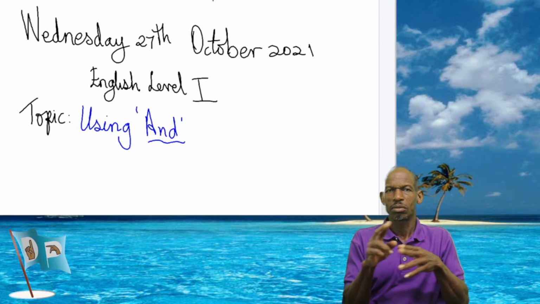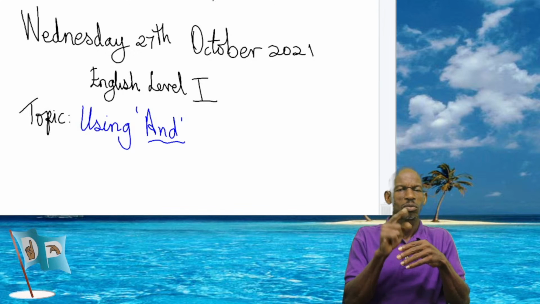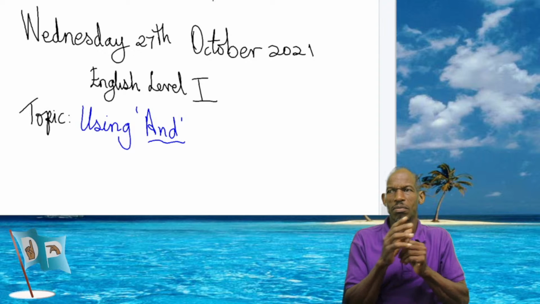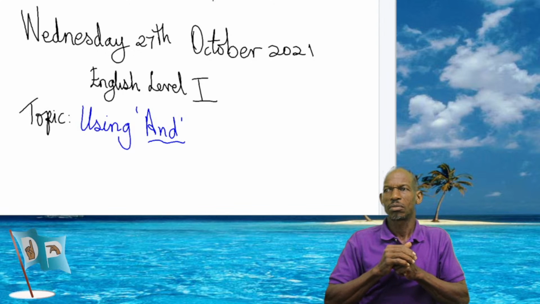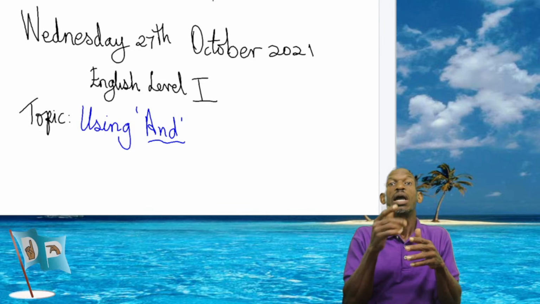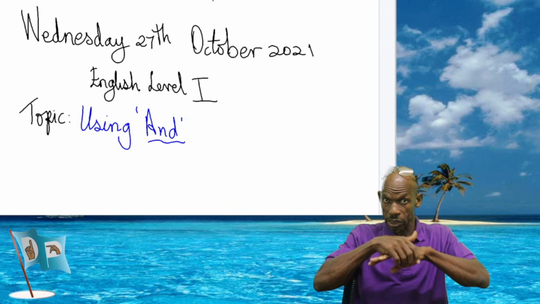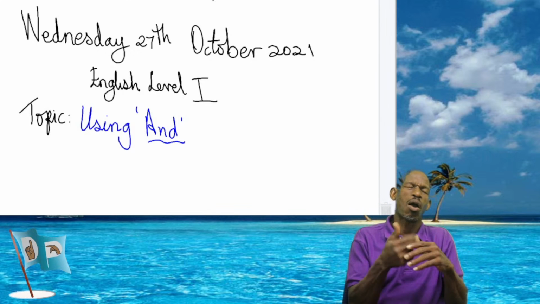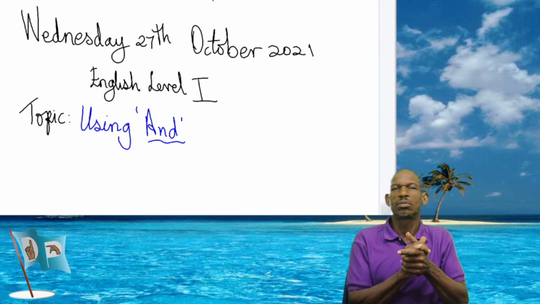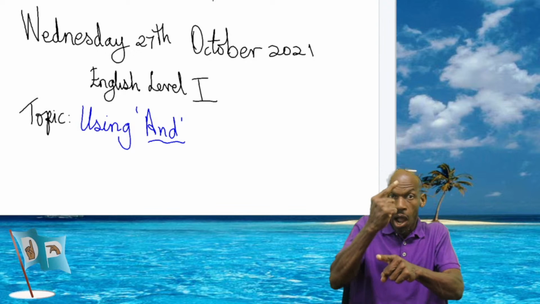Most of the times it is okay, it is being used. We want to know how to use "and" when we are writing English, what it is used for, because even though we use the sign in sign language at times, in terms of when we have to use it when we are writing, that is important.